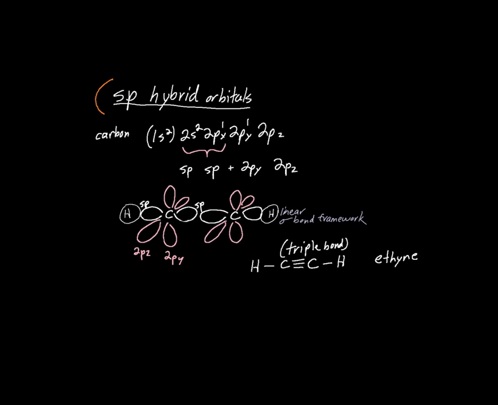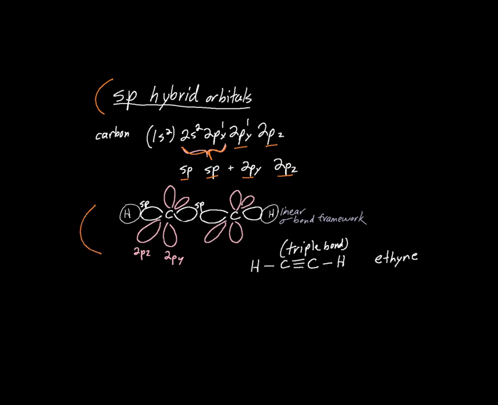We saw what happens when we take an s and two p's and overlap them, hybridize them, I should say, to form sp2 orbitals. What if we take an s and a p orbital only, leaving two p orbitals unhybridized? Then we get two sp hybrid orbitals and two unhybridized p orbitals.